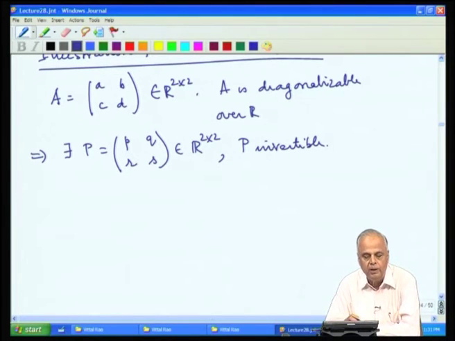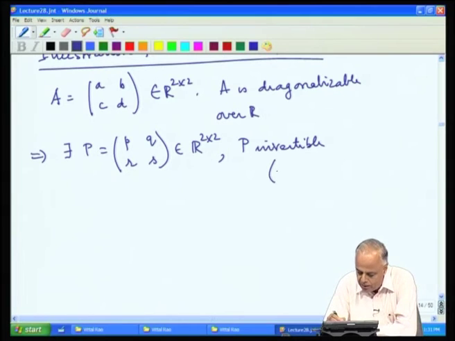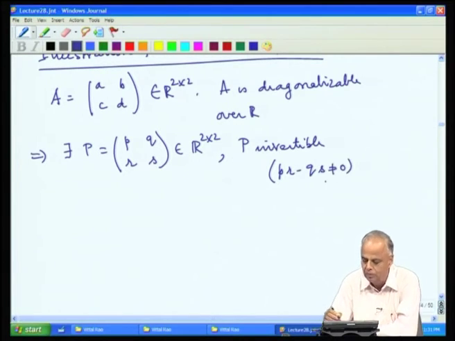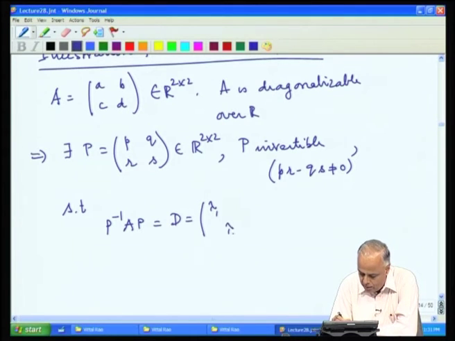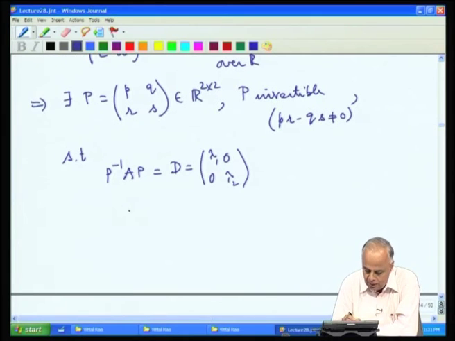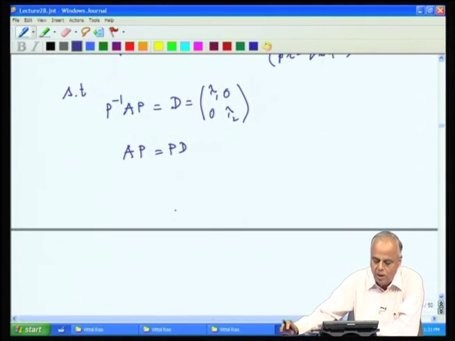What does P invertible mean? The determinant is not 0. So, P R minus Q S is not equal to 0 such that P inverse A P is equal to a diagonal matrix. Let us call that as lambda 1, lambda 2. What does this mean? This says A P equal to P D. Now, what is A P now?